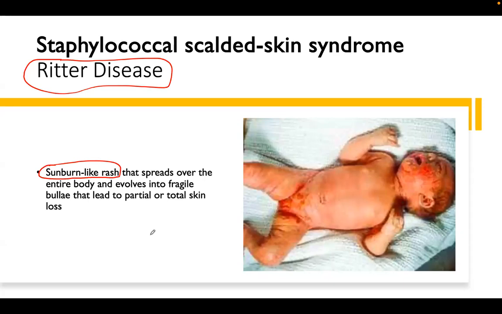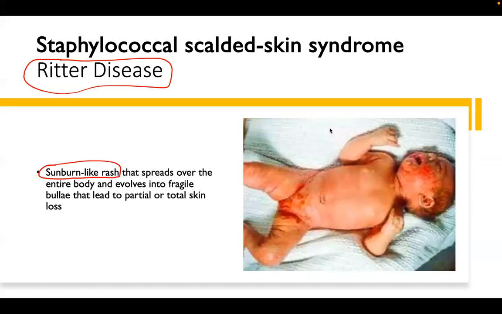This sunburn-like rash is going to spread all over the entire body, and it's going to involve bullae formation. And what's very significant here is, aside from the bullae formation, there's going to be partial or total skin loss. The other name of staphylococcal scalded skin syndrome is Ritter's disease.